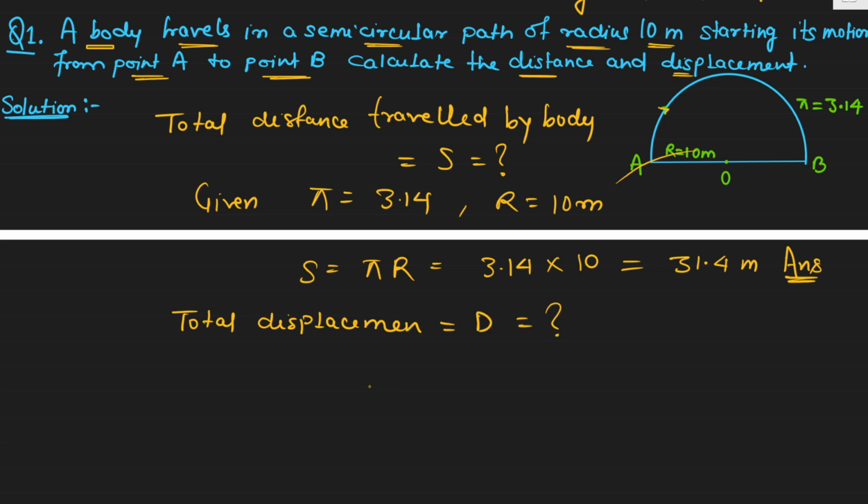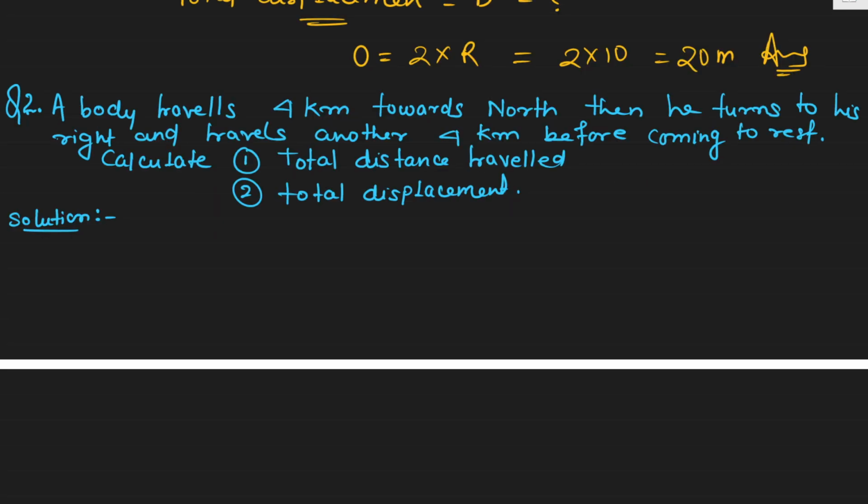So d equal to, here if we see, the radius is given as 10 meters, and from A to B the distance is 2 into r, the diameter. So 2 into r means 2 into 10, this will be 20 meters. This will be the other answer, and this is displacement, and here distance. So in this way we can calculate distance and displacement.